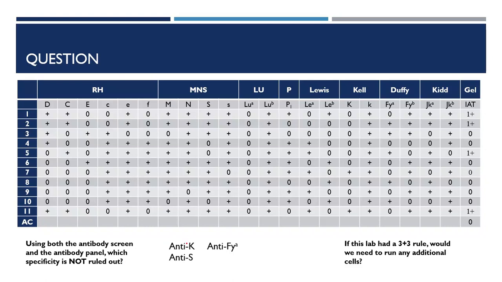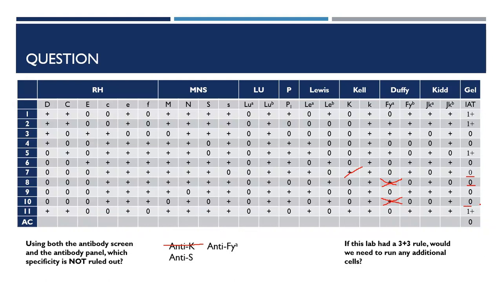So if we think back and we remember, we just answered this question on a previous question slide. Anti-big K, that one's ruled out, and we can show here right there. This guy ruled out anti-big K. Anti-Duffy A, did we rule that one out? We sure did. There's one right there. Actually, there's a couple rule outs.